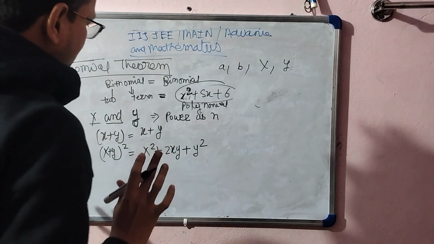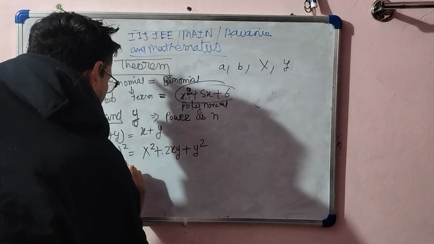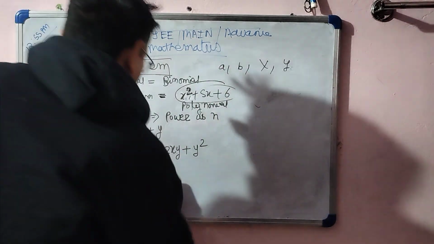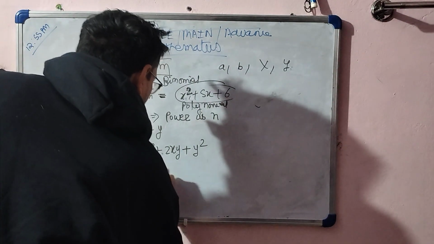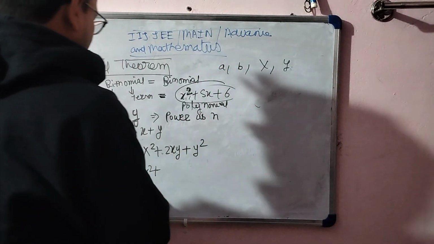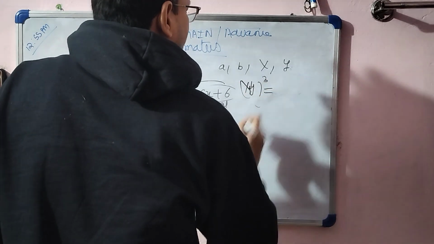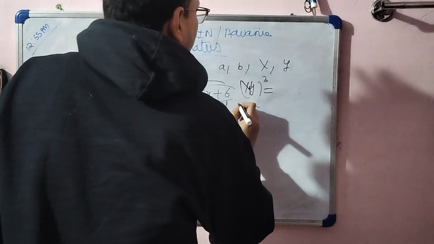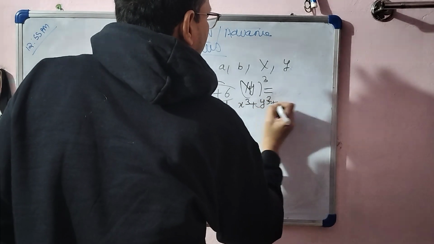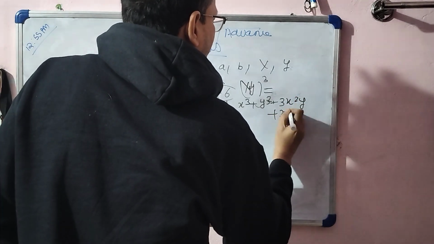You know very well, then x plus y whole cube. What is that? X cube. In the binomial theorem, the expansion of x plus y whole cube is x cube plus y cube plus 3x square y plus 3xy square.